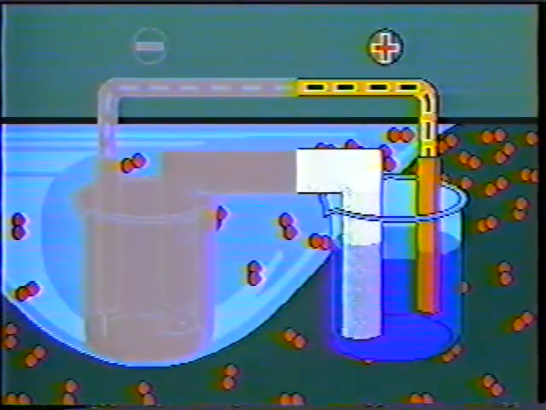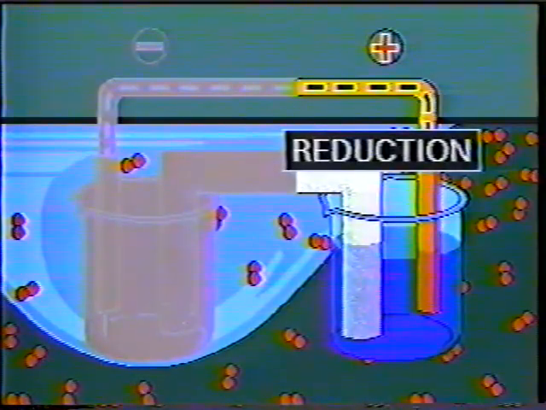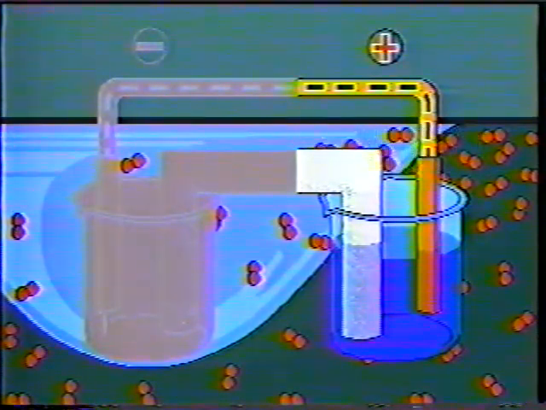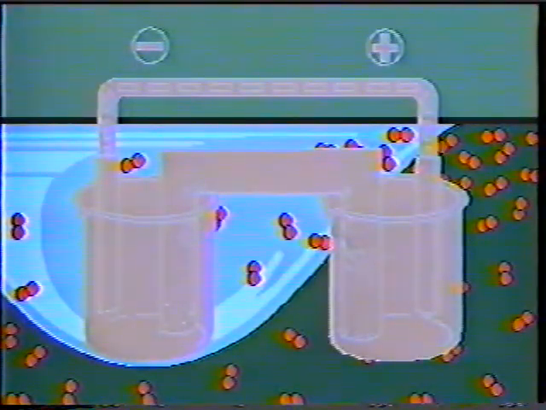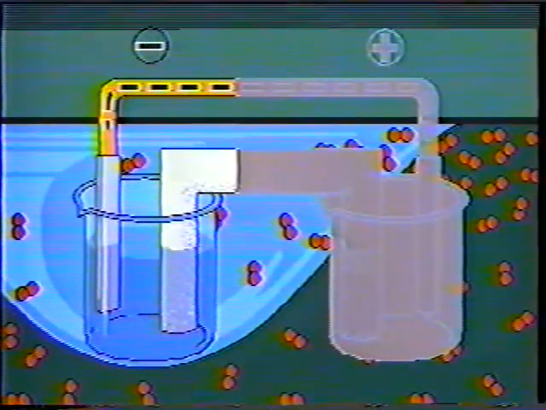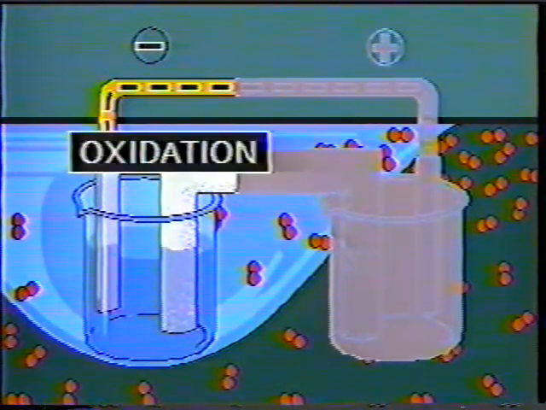The edge behaves like a half cell, at which reduction occurs. Here, oxygen combines with water and electrons to form hydroxyl ions. But where do the electrons come from? The center of the drop acts as the other half cell, at which oxidation occurs.